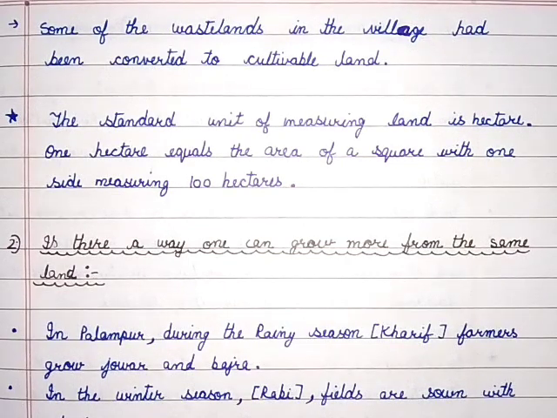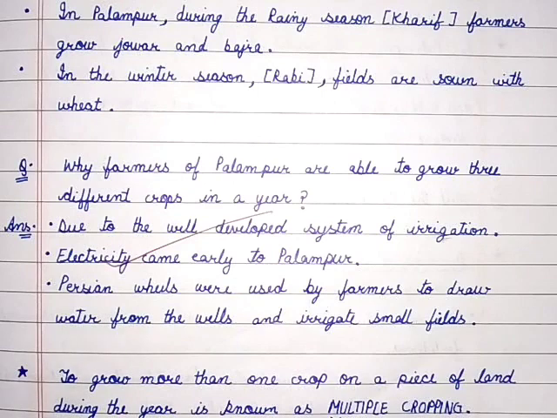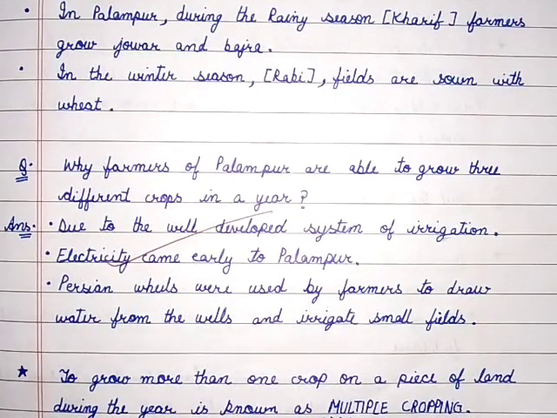Second, is there a way one can grow more from the same land? In Palampur during the rainy season, Kharif, farmers grow jowar and bajra. In winter season, Rabi, fields are sown with wheat. The question that arises here is why farmers of Palampur are able to grow 3 different crops in a year.